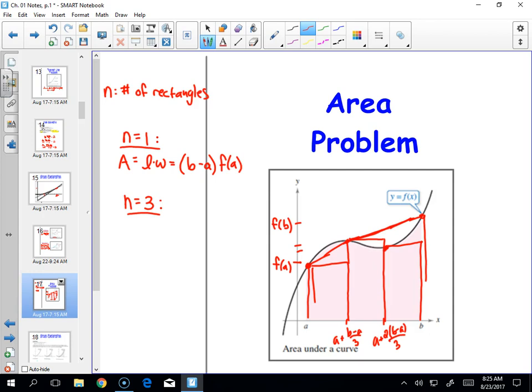So they're like, okay, let's make the formula as easy as possible to do a limit, and that's why we do rectangles.